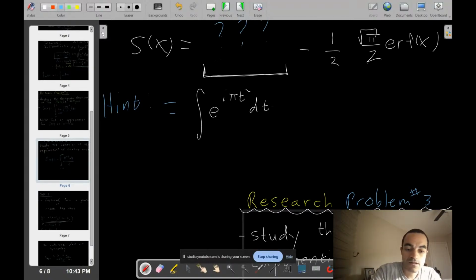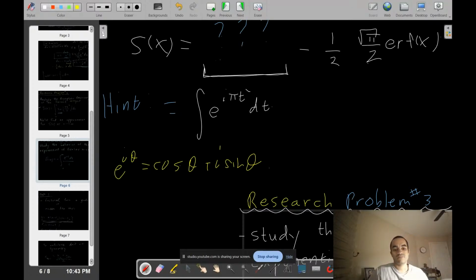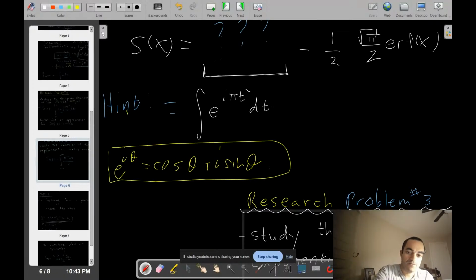For this one, try using Euler's identity. Euler's identity states that e to the i theta equals cosine theta plus i sine theta. Use this as the hint to integrate it.